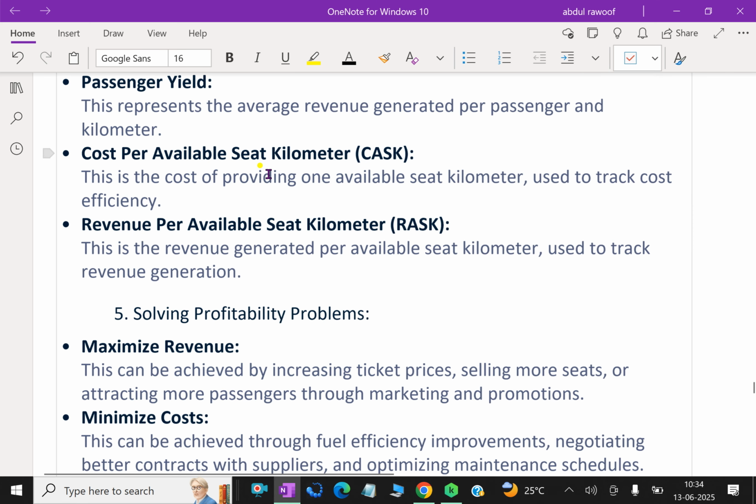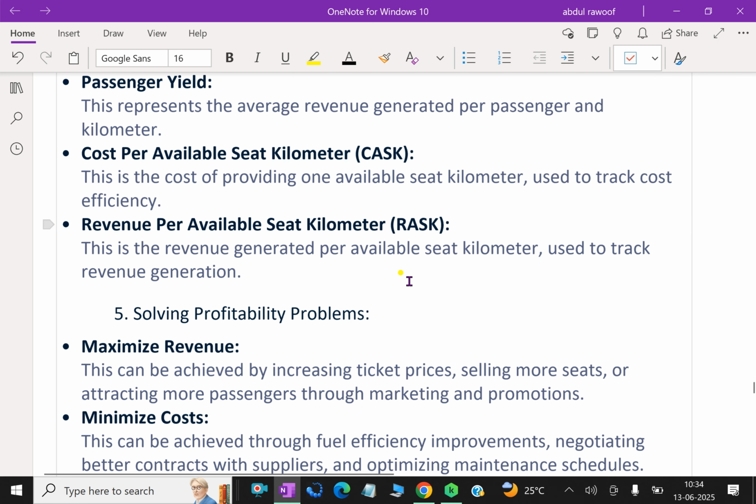Cost per available seat kilometer, CASK. This is the cost of providing one available seat kilometer, used to track cost efficiency. Revenue per available seat kilometer, RASK. This is the revenue generated per available seat kilometer, used to track revenue generation.